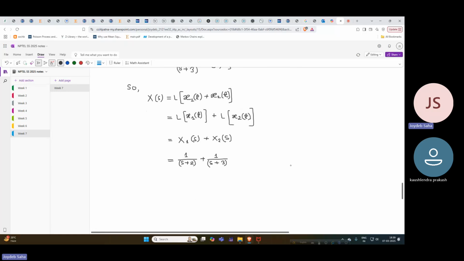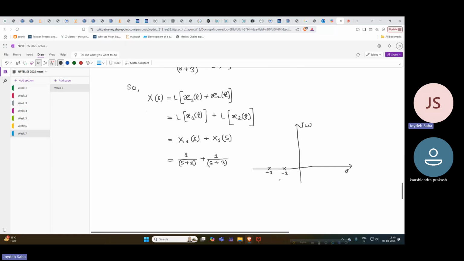Now the question is, what will be the region of convergence? This is sigma, this is j omega. Let us write this is minus 2 and this is minus 3.